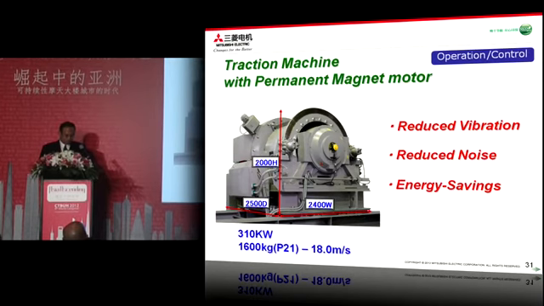This is a picture of the traction machine for the world's fastest elevator with 18 meters per second, which has a rated output of 310 kilowatts, a double 3-phase winding motor, and a parallel drive system with 2 control panels. Approximately, this traction machine is 2.4 meters wide, 2.5 deep and 2 meters high.